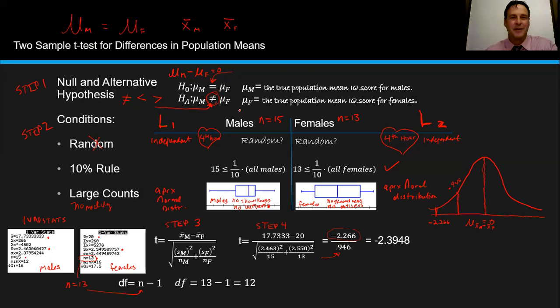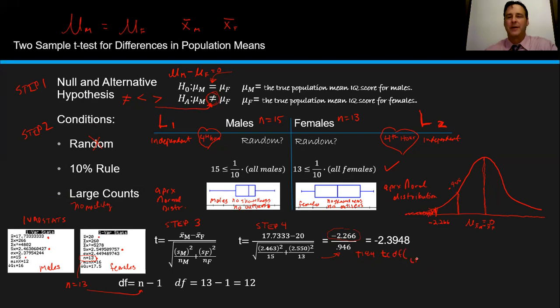However, because it's a not equal to, we're going to do two things. One, we're going to shade to the closest tail and find this area. And then further, step 2, once I find that area, because it is a two-sided test here, I'm going to double my p-value. Now how am I going to do that? I'll do that in my TI-84. This is TCDF, if you remember that.